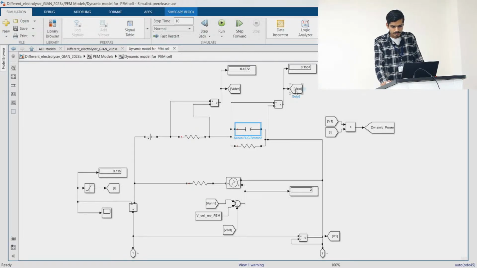So this represents our activation losses and this is our ohmic losses like the previous one, and in the same manner this is our controlled voltage source, which is controlled by the ohmic potential, the cell reversible voltage, and now one more term is added here, that is the activation potential. So this potential is controlled by the summation of these three.